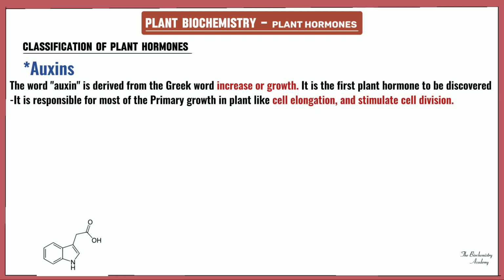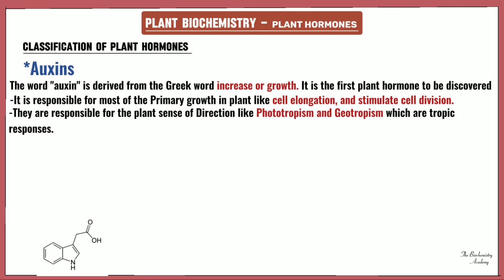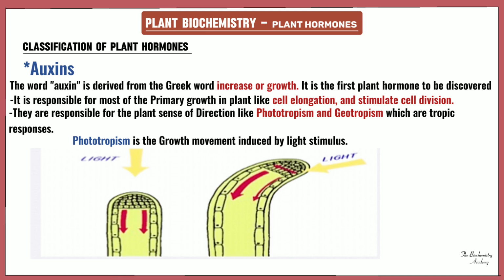Now, the auxins are also responsible for the plant's sense of direction, which are the tropic responses such as phototropism and gravitropism. Now, phototropism is a growth movement that is induced by a light stimulus, responsible for plants growing towards the sunlight.